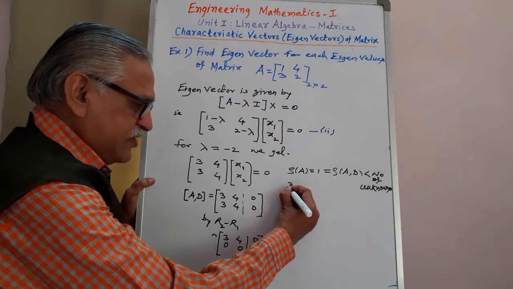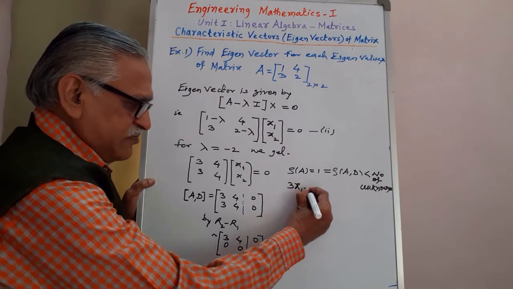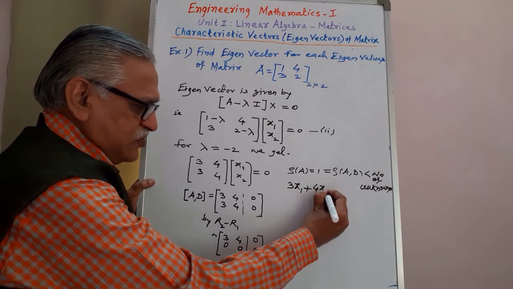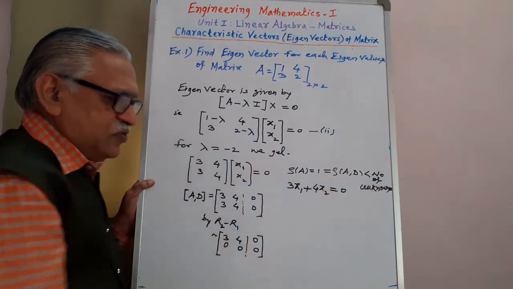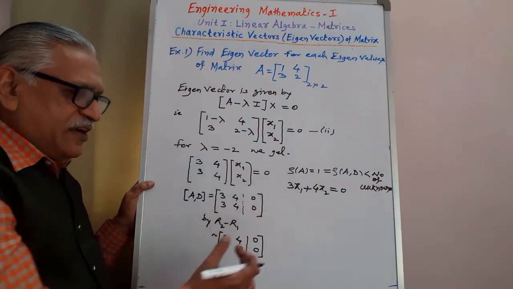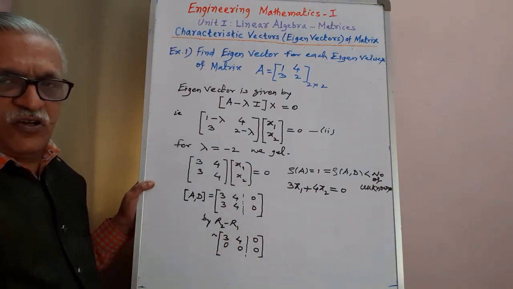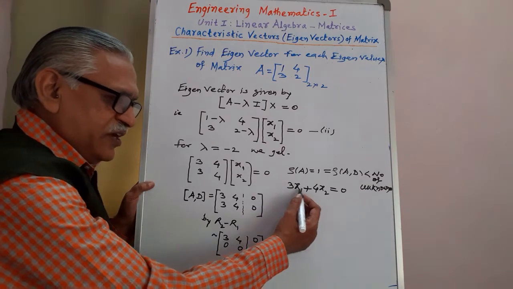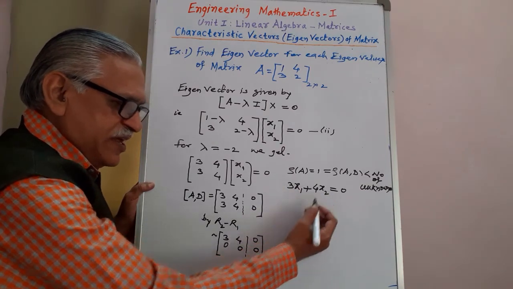And to determine the infinite number of solutions, we write down once again a new system of equations. That new system of equations is 3x1 plus 4x2 is equal to 0. Only one equation. And to find that infinite number of solutions or non-zero solution, we consider any one of these variables as k.